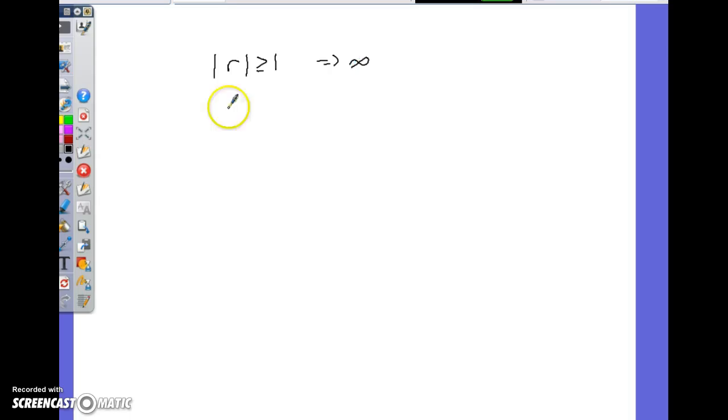Actually, I should back this up. It says it on the worksheet, but it's not true. When it's greater than 1, it goes to infinity. When it's less than 1, it goes to a number. And we can say that the sum is equal to the first term divided by 1 minus r. Fair enough?